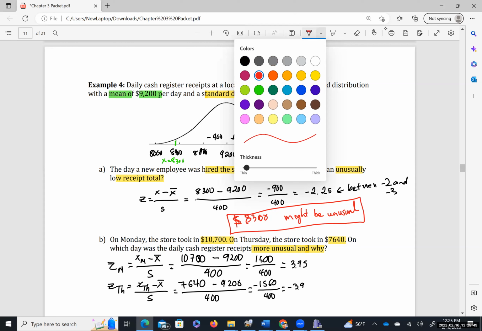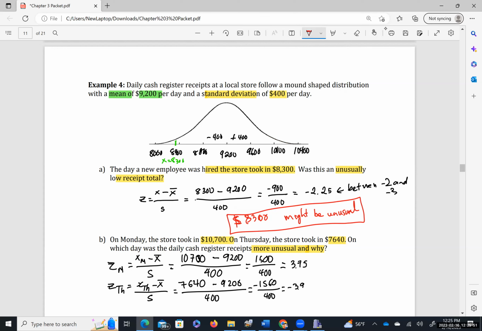Okay, now please check with the answer key. I got negative 3.9, which is less than negative 3, right? And the one above was 3.75, which is greater than 3.